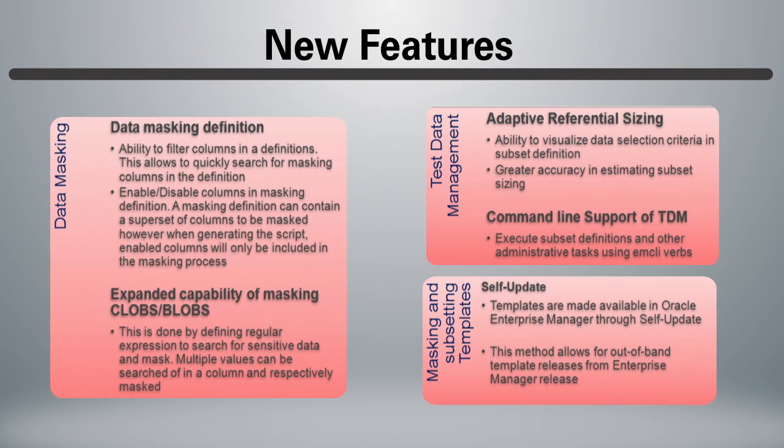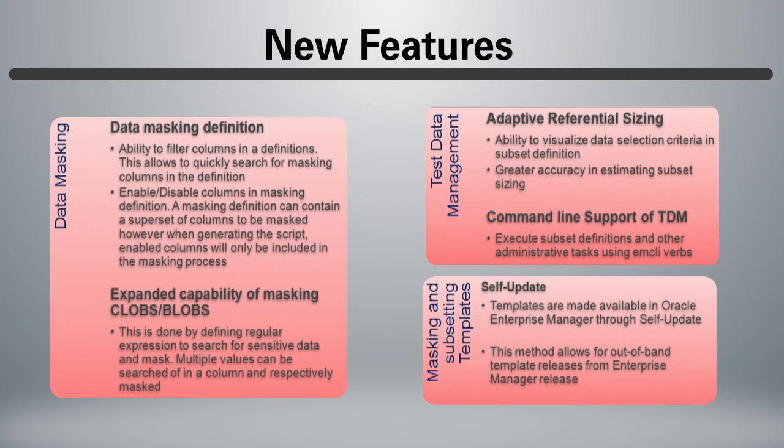If you can imagine thousands of tables in your database with hundreds of columns that need to be masked, and you create a data masking definition, trying to search for a column in your data masking definition can become time-consuming. So we provided a facility where within a data masking definition you can search for a specific column or search for a sensitive column type and see those.